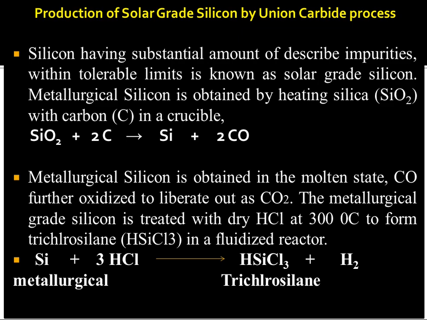A PV cell is mainly made up of a semiconductor, especially silicon. The upper layer is doped by phosphorus, the lower layer is doped by boron. What is the need for the doping technique? Doping is nothing but the addition of impurities to the material. You know that a semiconductor is in between a conductor and an insulator.